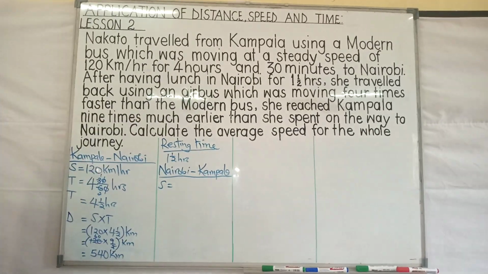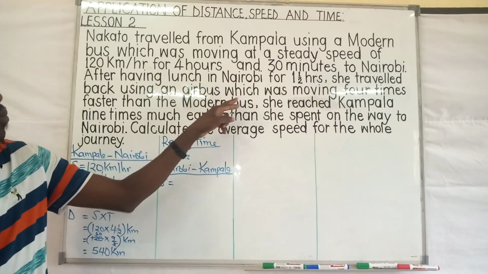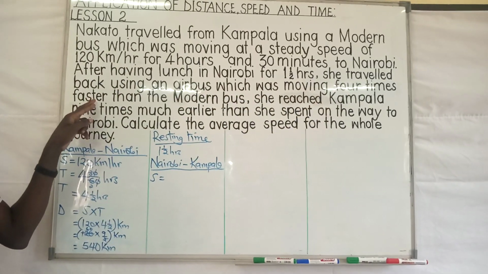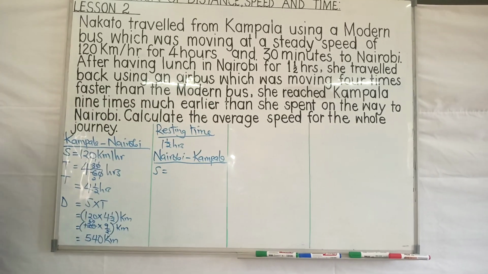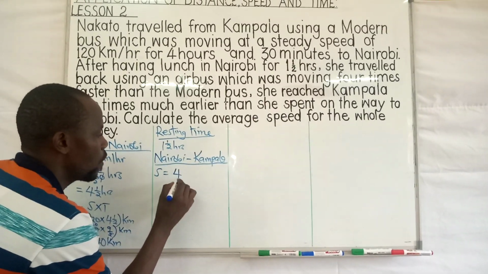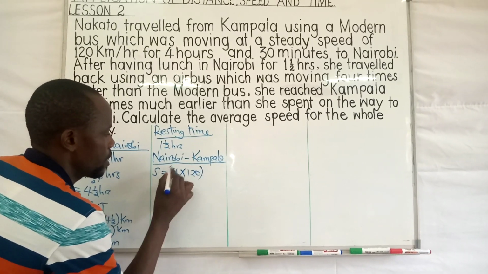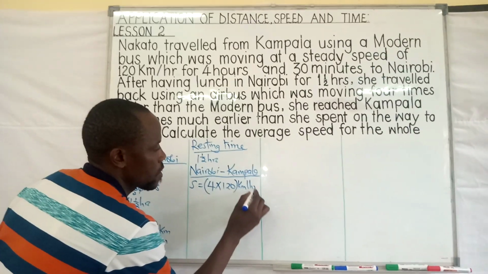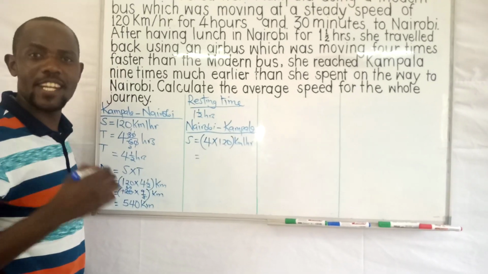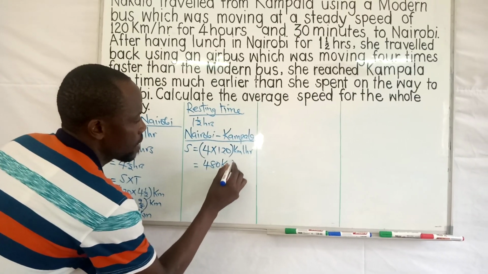The speed of the Airbus was 4 times the one of the modern bus, which was 120 kilometers per hour. So when you multiply 4 times 120, you get 480. This is kilometers per hour.